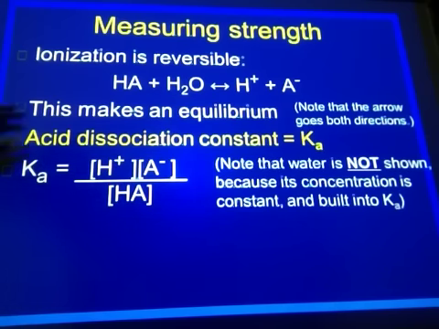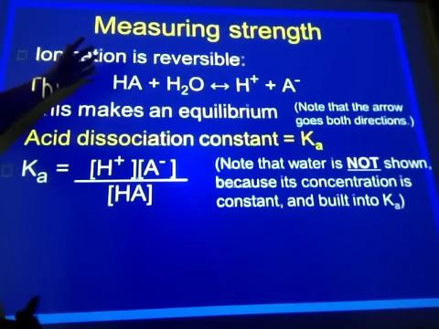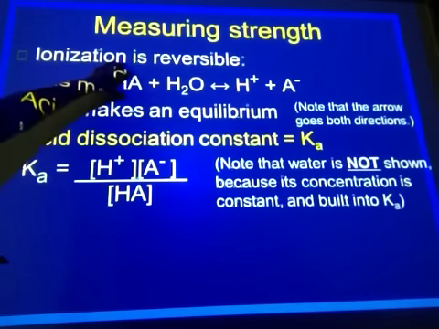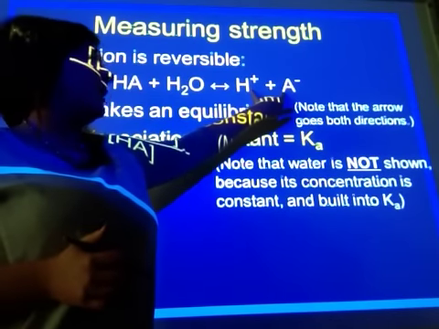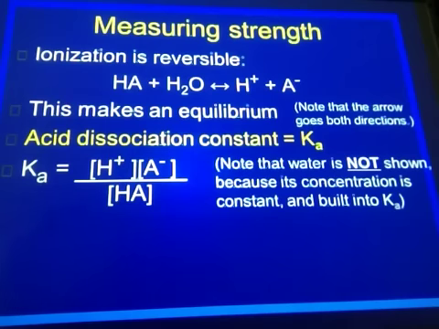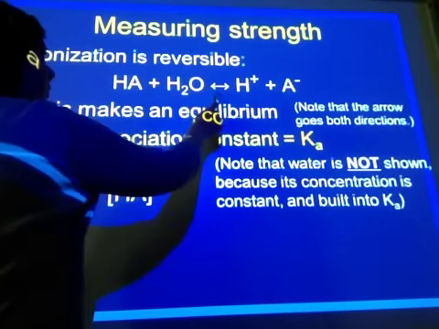So let's say that we have this again. I add my acid, just a general random acid, HA, with water. And it will dissociate into these two ions. But it's a weak acid because I see here that I have this reversible arrow.